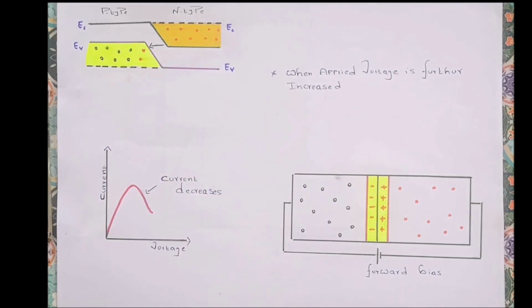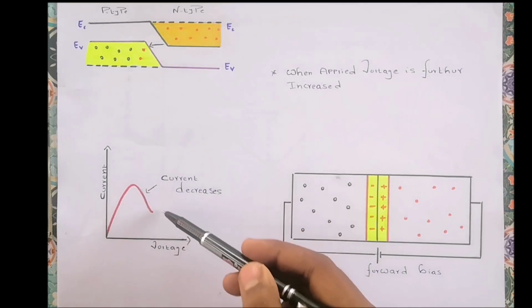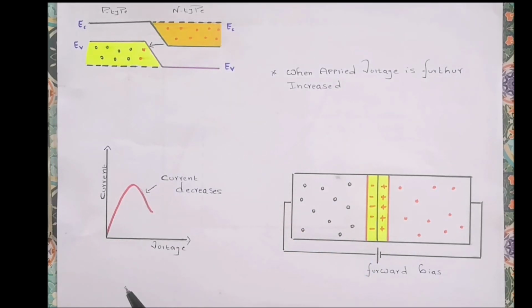And because of this movement of electrons, the tunneling current starts decreasing. And if we go on increasing the voltage, then the tunneling current drops to zero. And at this particular point, the conduction band and valence band are no longer overlapped, and the tunnel diode operates in the same manner as a normal p-n junction diode.